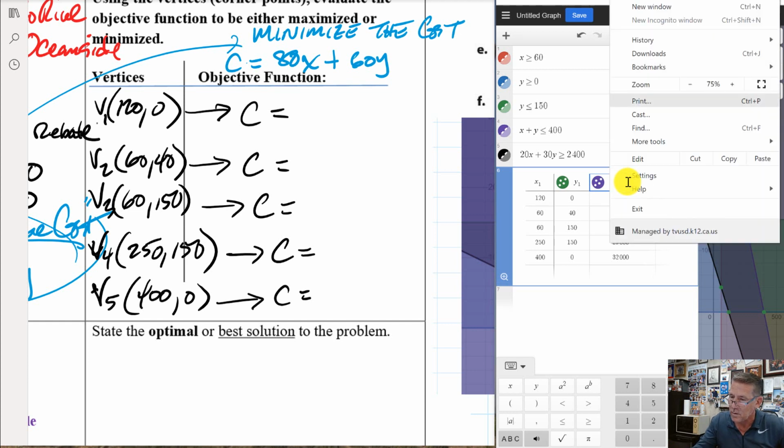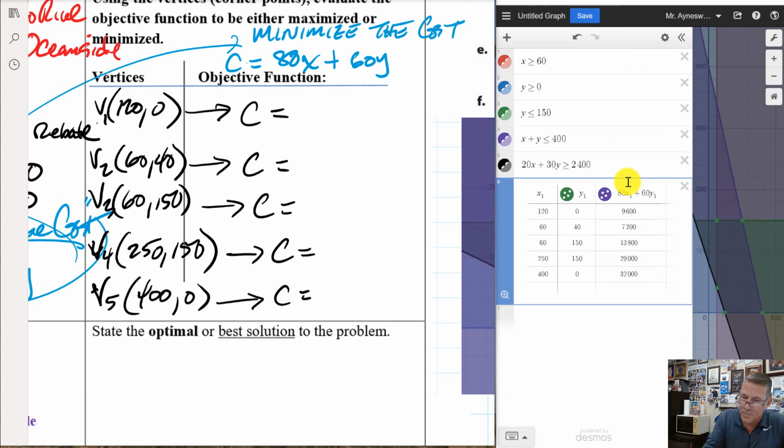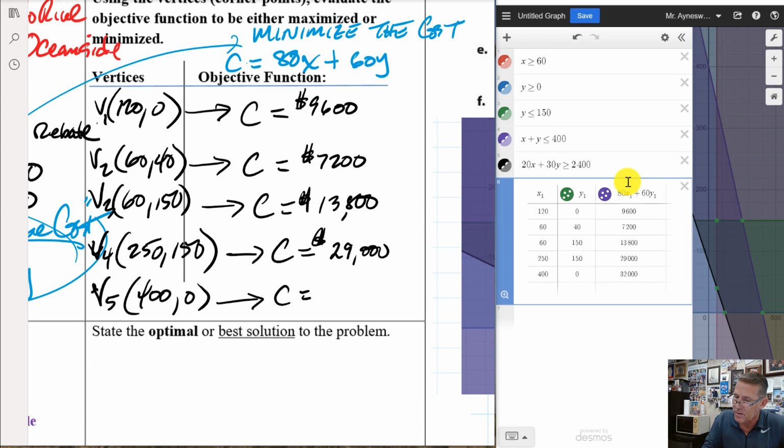So let's go ahead and record these. So we have the following costs. So the first one is $9,600. Put a dollar sign on these because these are obviously currency here. The second is $7,200. Third one, $13,800. Fourth one, $29,000. And fifth one here, we got $32,000.